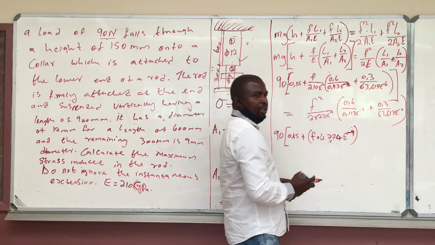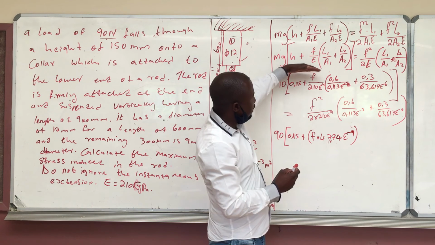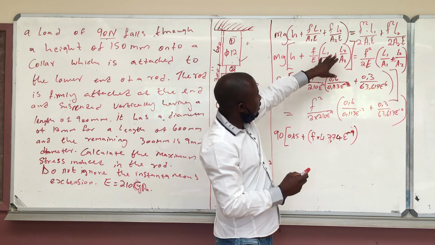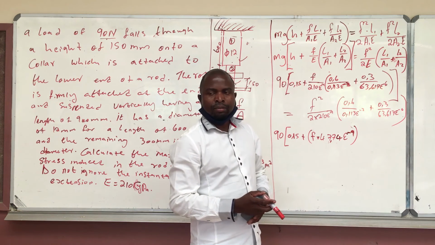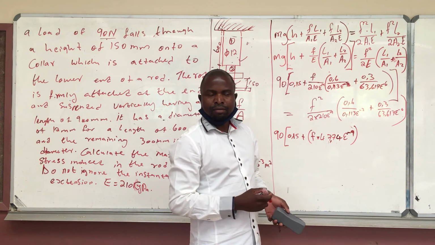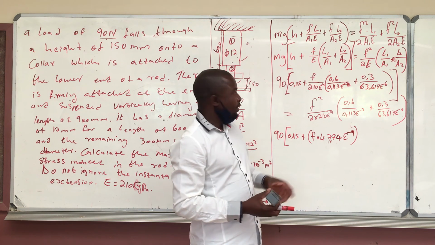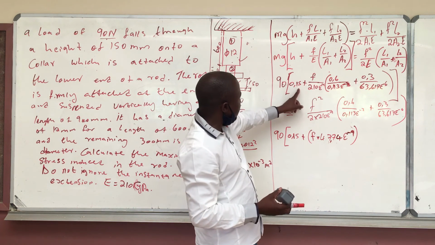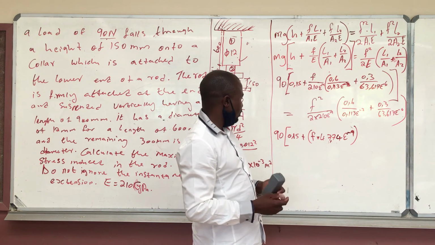And another thing, from here, I know I've substituted. As long as anyhow you calculate, as long as you apply mathematical principles, you will get the correct answer. Even if you first check this, you multiply with that one. It's up to you how you solve it.